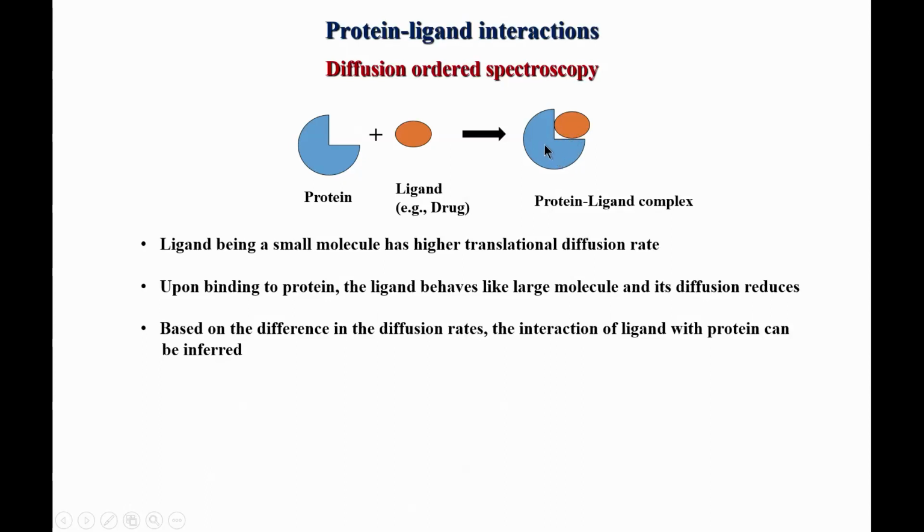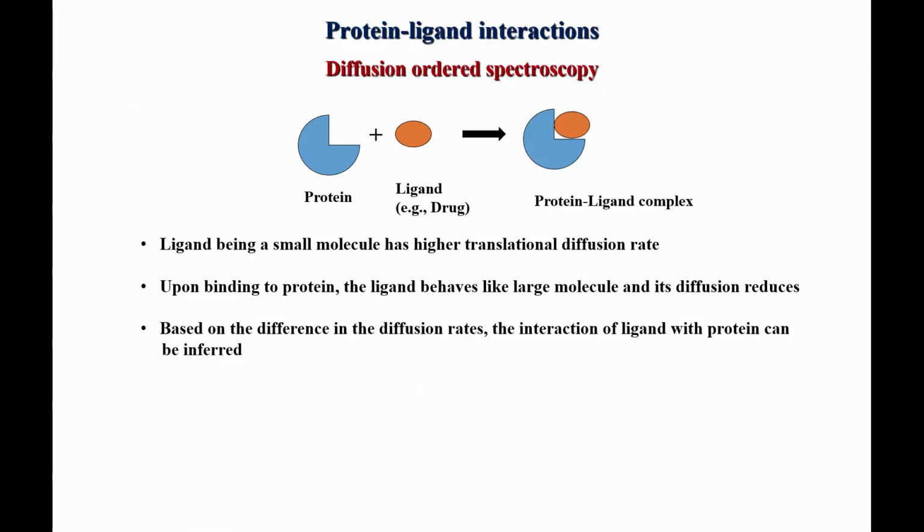In such a scenario, the ligand, being a small molecule, will have a higher diffusional rate in the unbound, that is, the free form, because it is not bound to the protein. But upon binding to the protein, the ligand behaves like a large molecule, and therefore its translational diffusion reduces.